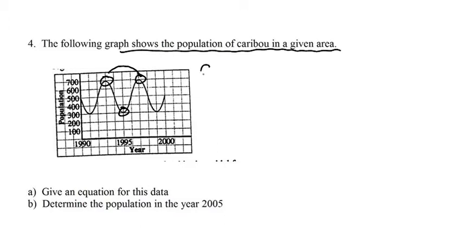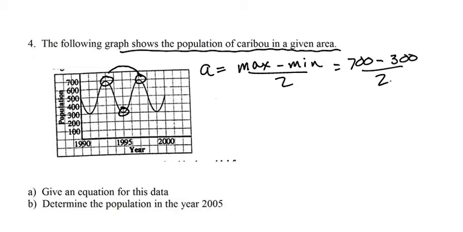So to start with, the amplitude is equal to the maximum minus the minimum divided by 2, or 700 minus 300 over 2, 400 over 2 equals 200. So we have an amplitude value.